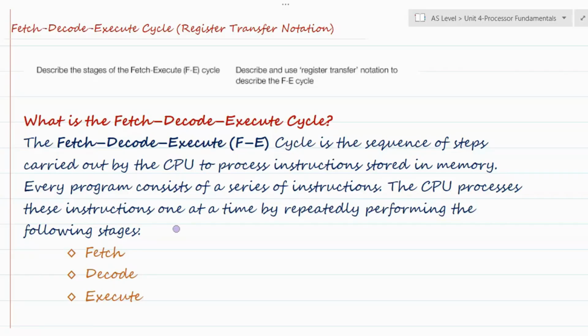Instead, it processes them one instruction at a time by repeatedly performing three stages: fetch, decode, and execute. Once one instruction is completed, the CPU moves on to the next instruction and repeats the same process again and again. The cycle continues until all instructions in the program have been processed.